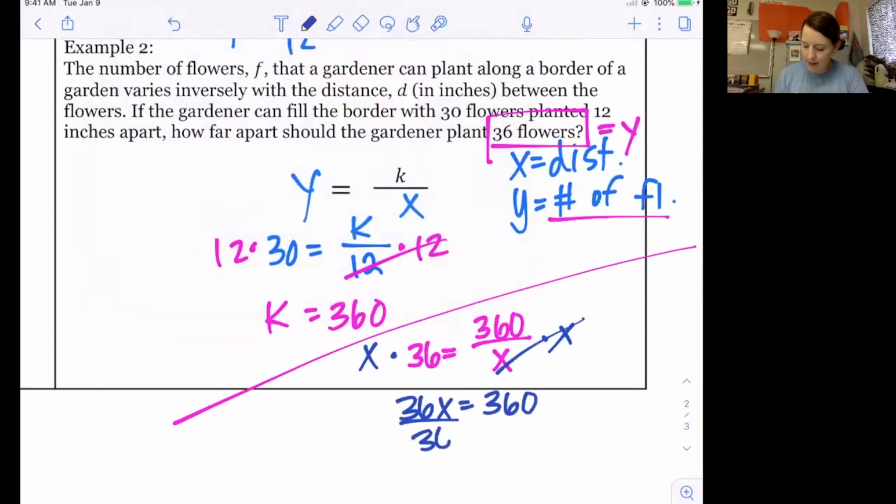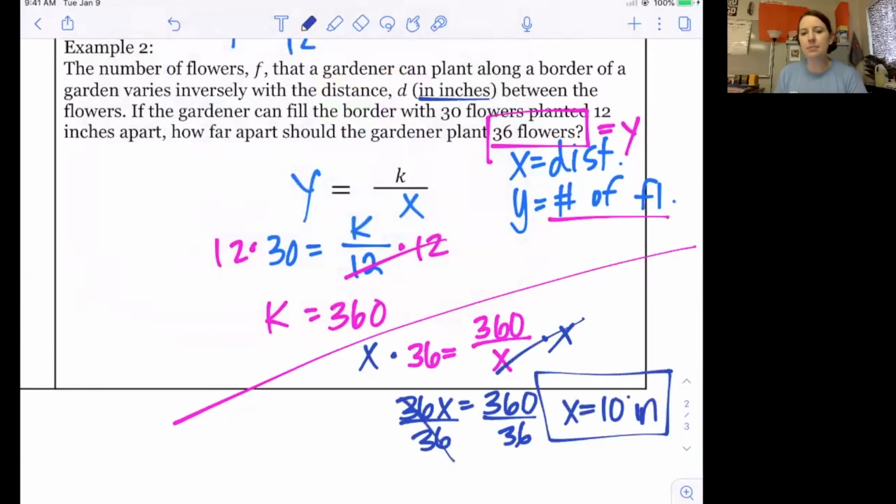We're going to divide that by 36. We find out that X equals 10, and this is distance, which we're measuring in inches. So he would need to plant them 10 inches apart to fit 36 flowers, which makes sense because we're putting more flowers than originally, and our space is less.